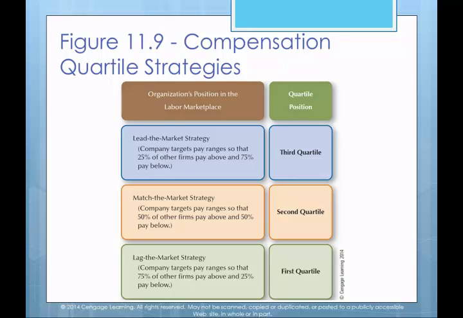So if you say you're going to lead the market in compensation, you may want to lag the market in benefits, because the total rewards package would be 100%. Or you can have a match-match strategy that you're going to match the market for benefits and compensation. So it's a strategy that your company decides on.